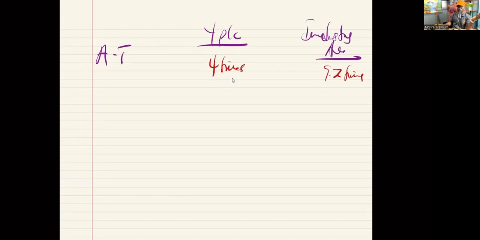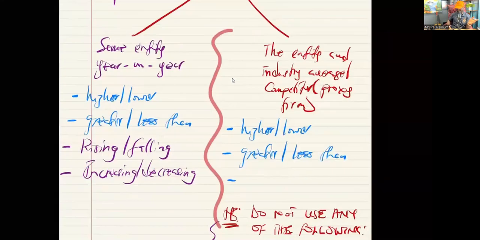You are wrong. You don't say asset turnover has increased. You are wrong. But what would you say? You would say that YPLC's asset turnover is lower than the industry average, or the industry has a higher asset turnover than YPLC. That's what we are trying to say here.